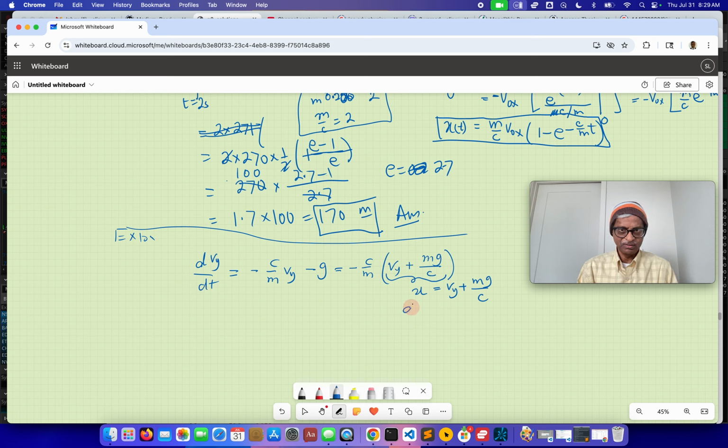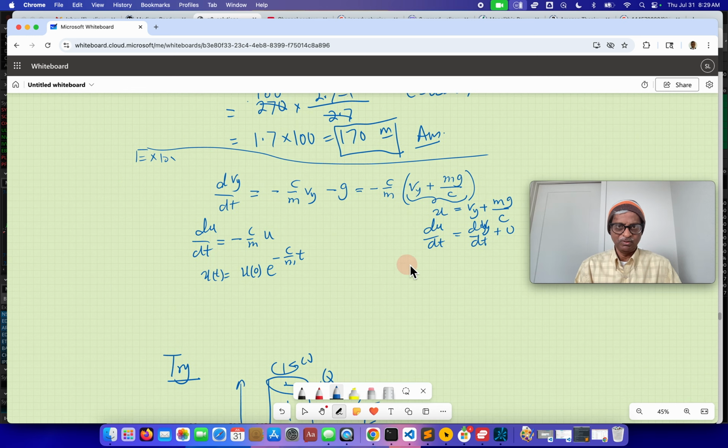Then du dt will be dvy dt plus 0. So this side doesn't change, so you have du dt equal to minus c over m u. Now this is the same as the x equation, so this one we already know. U at t is u at 0 times e to the power minus c over m t.